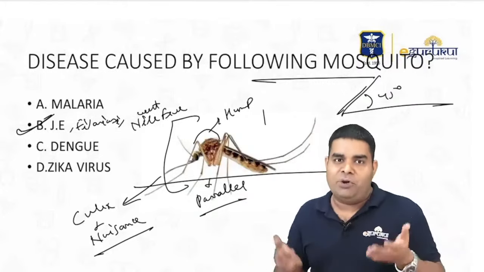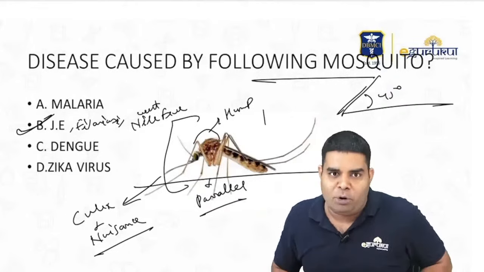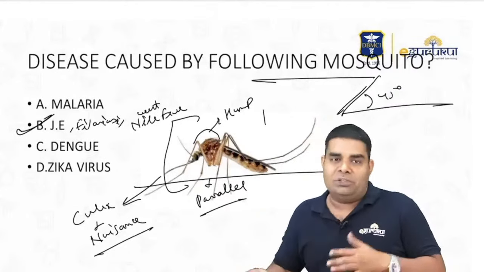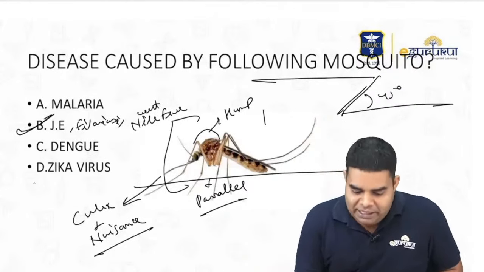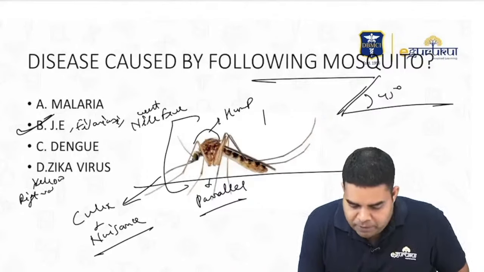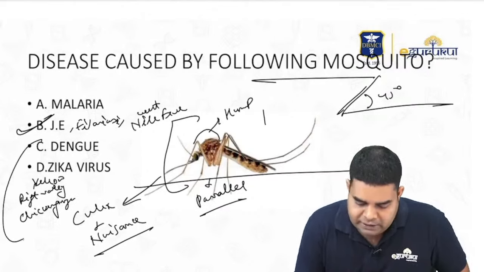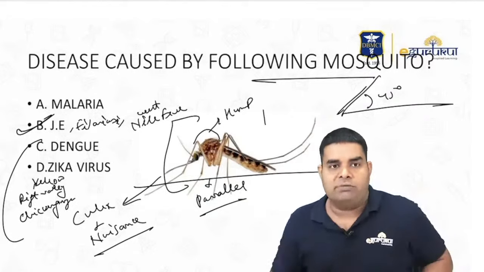And in case of Aedes, there will be black and white stripes over the body, which are not present in this mosquito. So it cannot be Aedes. So dengue, Zika virus, yellow fever, Rift Valley fever, and chikungunya, which are all caused by Aedes, these five are out of question.